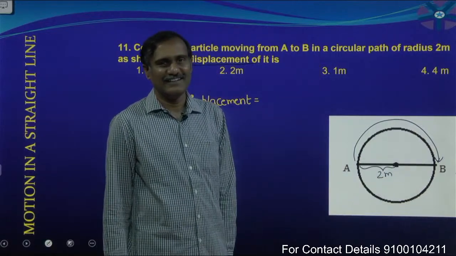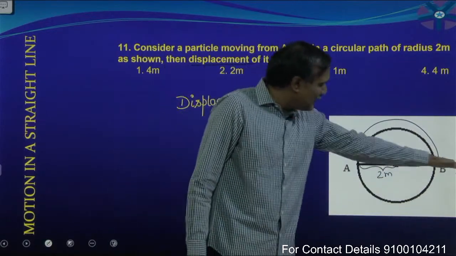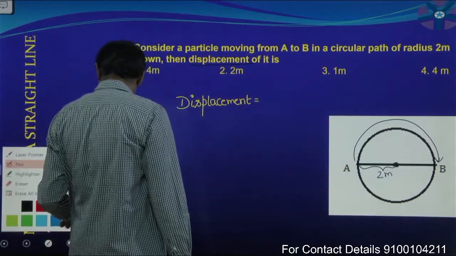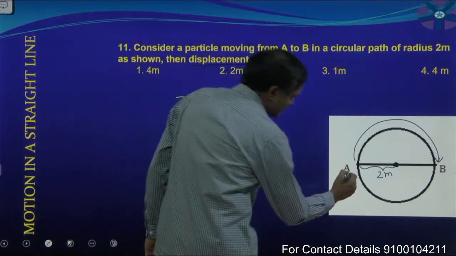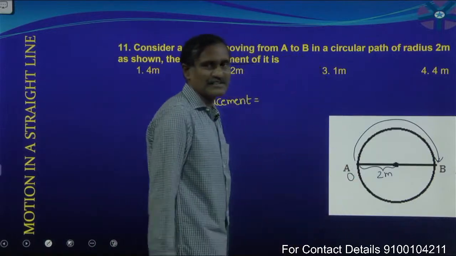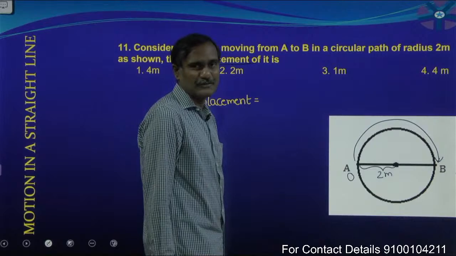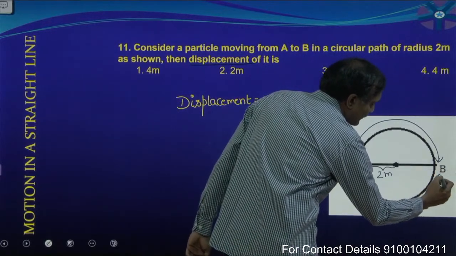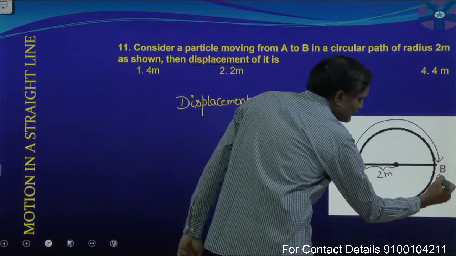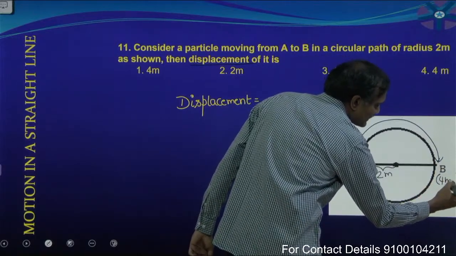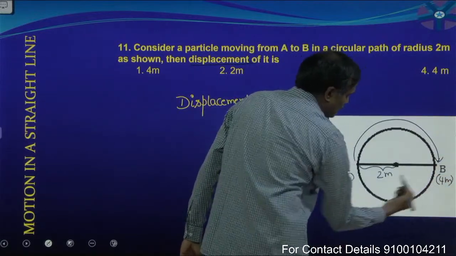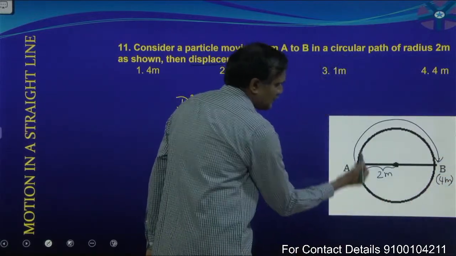A. If you assume it is the x axis, tell me the coordinates of A, 0 or 0 comma 0, or you can assume it as 0. Now, what are the coordinates of B? Yes, 2 meter plus 2 meter, 4 meter. It is 4 meter. It is 0 meter.